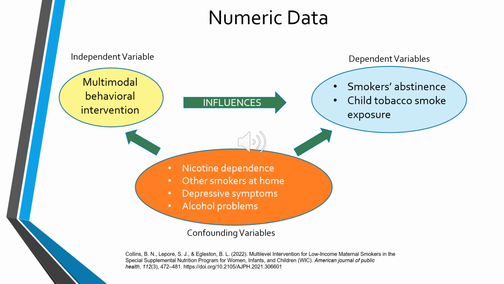The orange oval shows us 4 important participant characteristics that could affect the intervention or the dependent variable and thus distort the true effect of the independent variable on the dependent variable. The investigators controlled for these potential confounding factors by including them in their regression analysis, and thereby this control increased the validity of the study results.